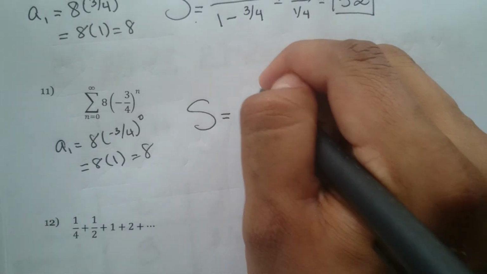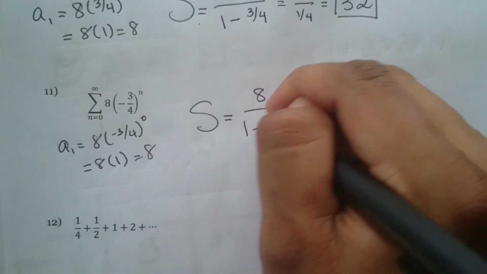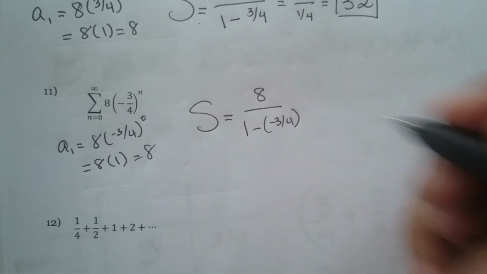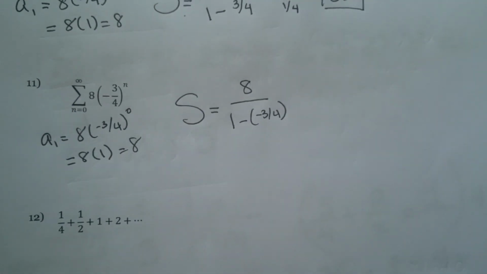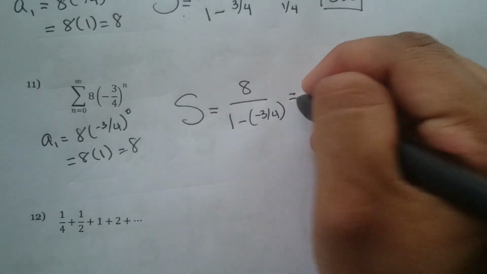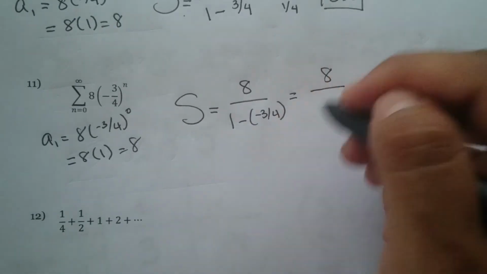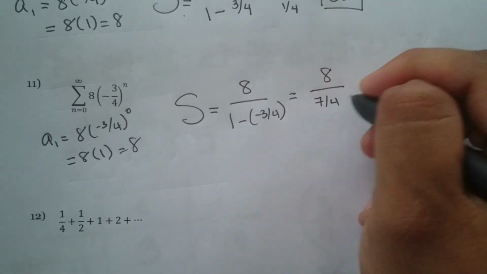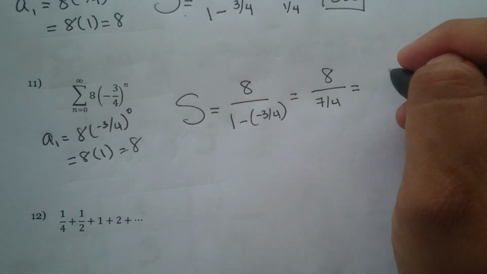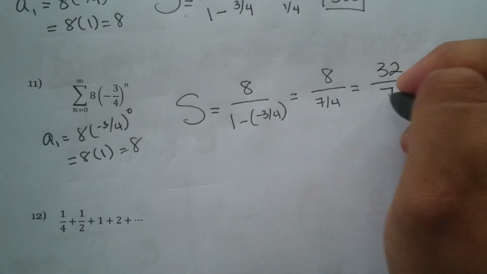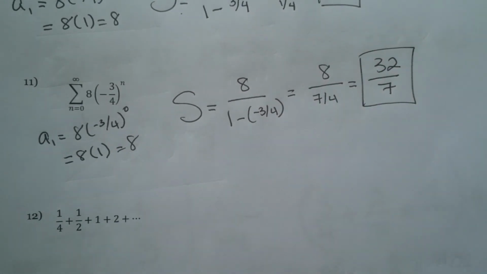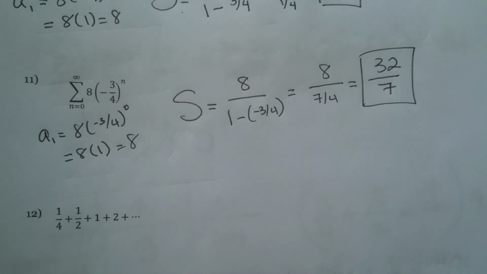The first term is 8 over 1 minus our ratio, which is different this time, negative 3/4. So if you were to add 1 and 3/4, you get 7/4. And if you multiply the top and the bottom by 4, you end up getting 32/7, which again, leave your answers in fraction form.